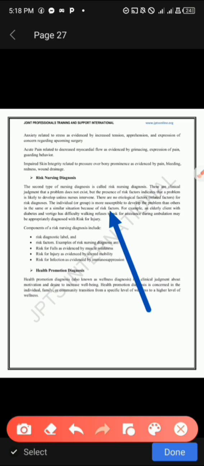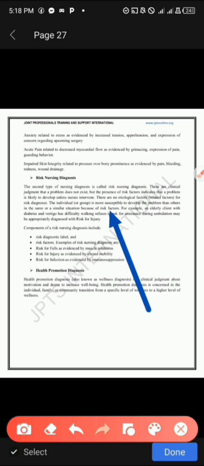We know diabetic patients should not have injuries, because when they do, the injury may not heal on time due to the diabetes, so they need to be monitored very well.